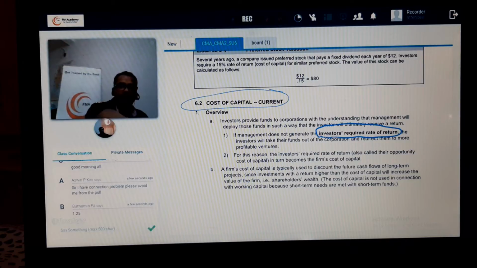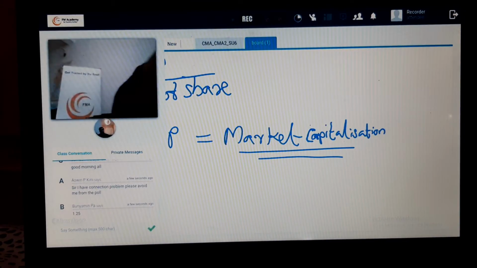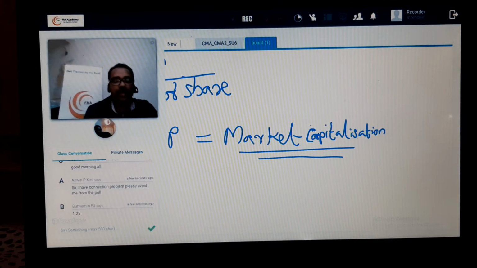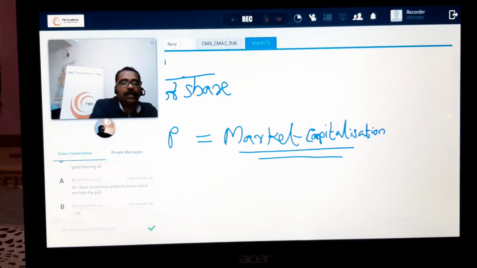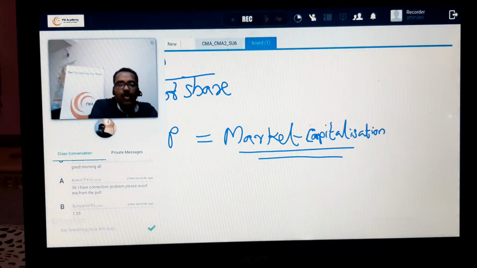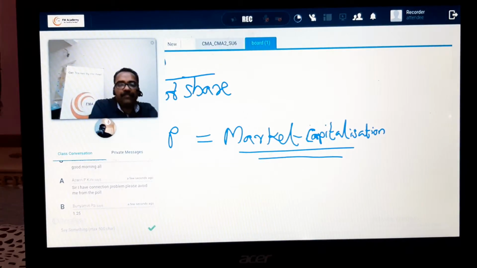Now, what did we study here when it comes to the share valuation relating to, let's say, preference shares?